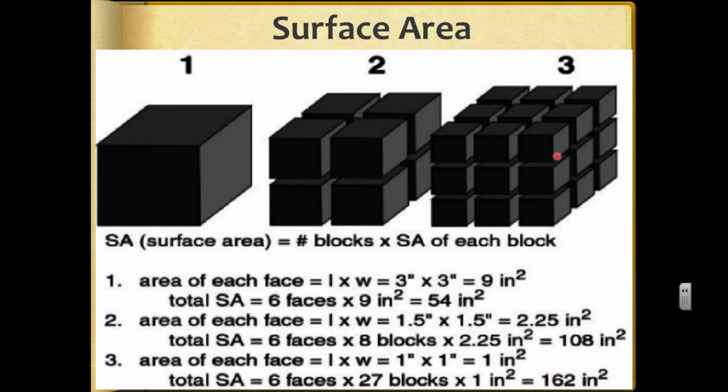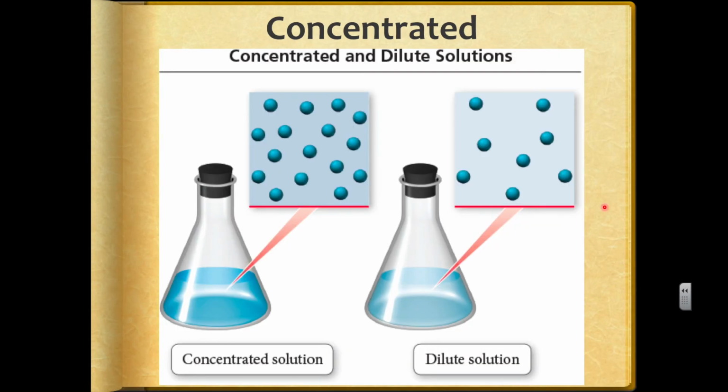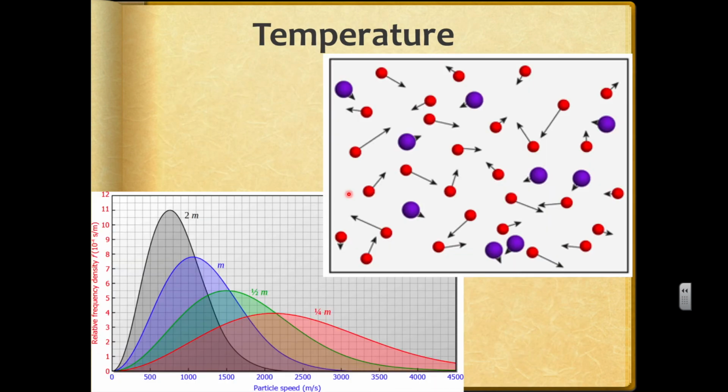Just by splitting it up, they would all have the same mass, but by splitting them up, you are going to increase the surface area, therefore increase the amount of collisions possible. For the concentrated solutions, again, increasing the number of molecules in there. This would be something like a 12 molar solution versus the 2 molar solution, right? You have more molecules so they can collide more.